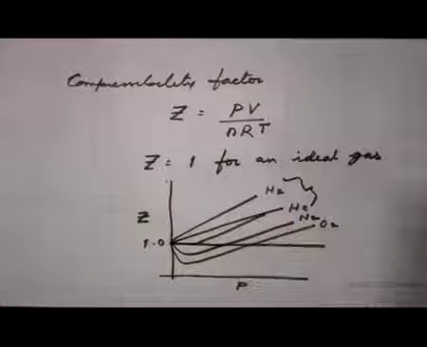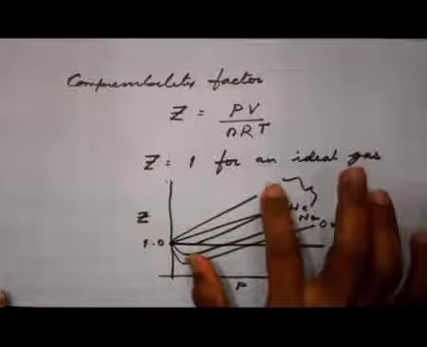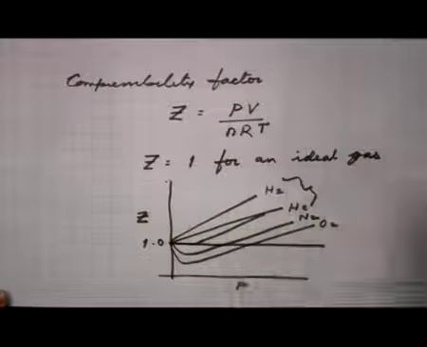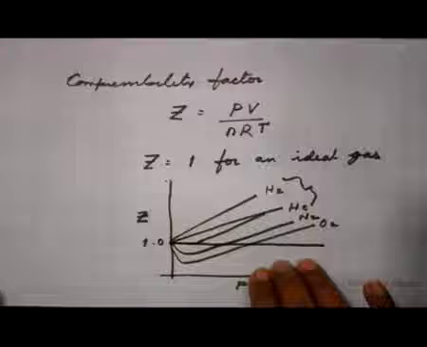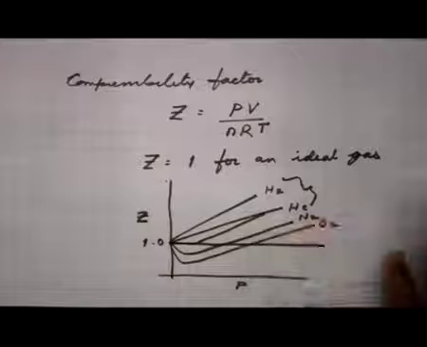So, we have essentially two kinds of graphs and we have to try and explain what this is, which is what we will try and do in the next class, right. So, we are looking at the compressibility factor as a variation of pressure, which will then tell us how to look at real gases.